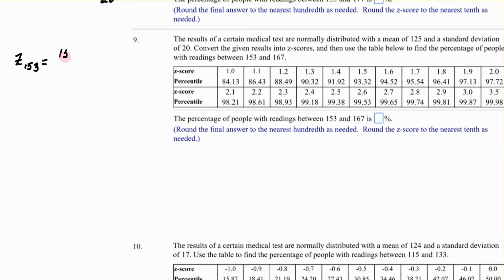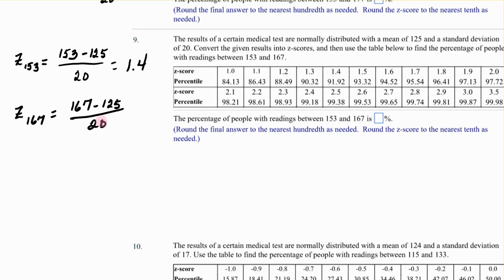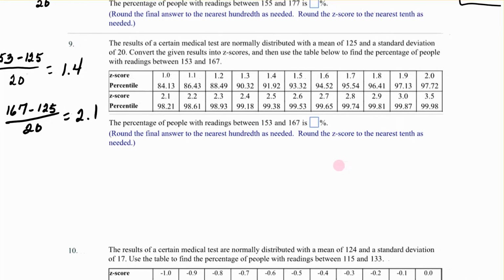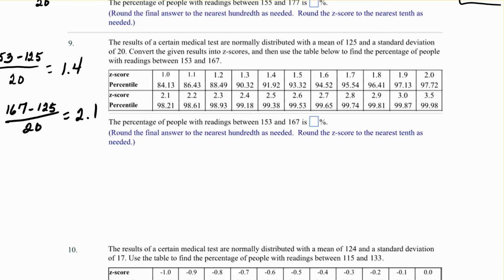That will be 153 minus the mean, which is 125, divided by the standard deviation, which is 20, gives me a z-score of 1.4. Then I need to find the z-score for 167. So it's going to be 167 minus 125 divided by 20, and that gives me 2.1.